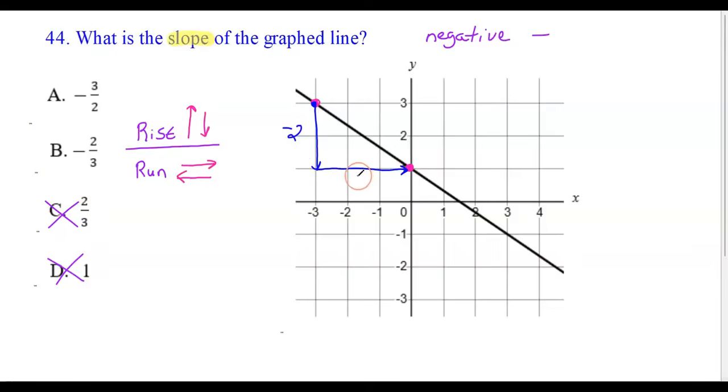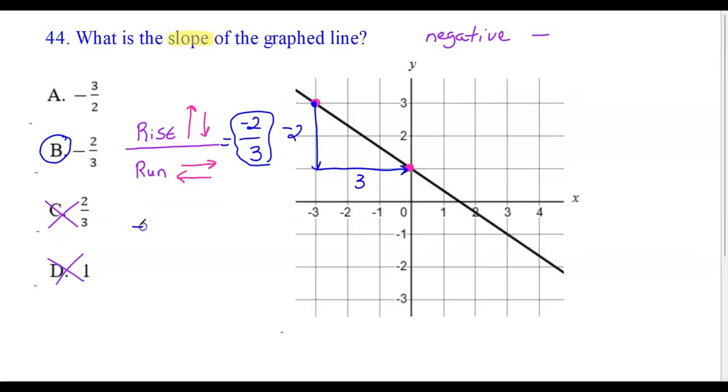And I move to the right, so it's really +3. So it's the rise, which was down 2, over the run, which was to the right 3. So it's -2/3, which matches up with answer choice B.